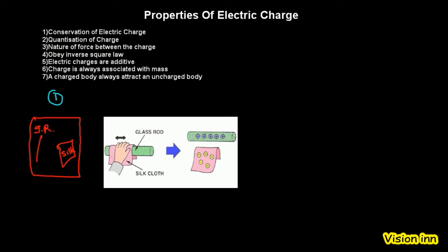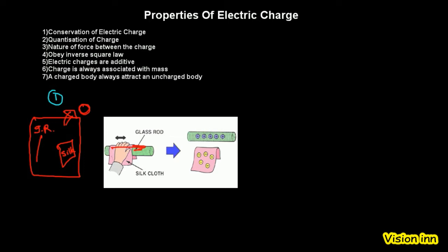The net charge of this system is 0. Now I am going to rub the silk cloth on the glass rod. So what will happen? There will be transfer of electrons.